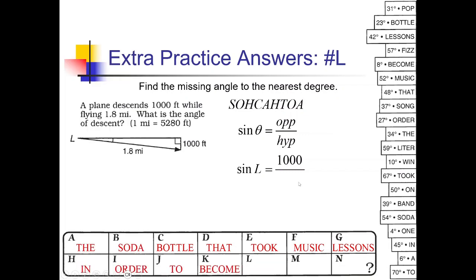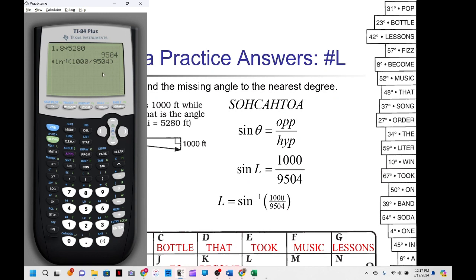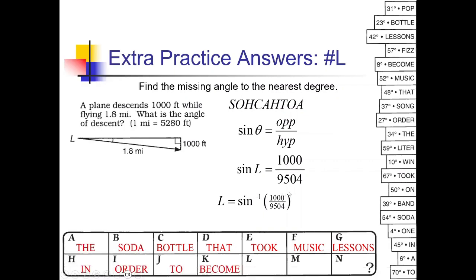So that's what I'm putting in my denominator. So then I'm going to do sine inverse of 1,000 over 9,504. And if I plug that in and crunch those numbers on the calculator, I get an angle of 6 degrees, roughly. Now 6 degrees matches up with the word A. It kind of seems lame for all the work it took us to get there, but hey, there it is.